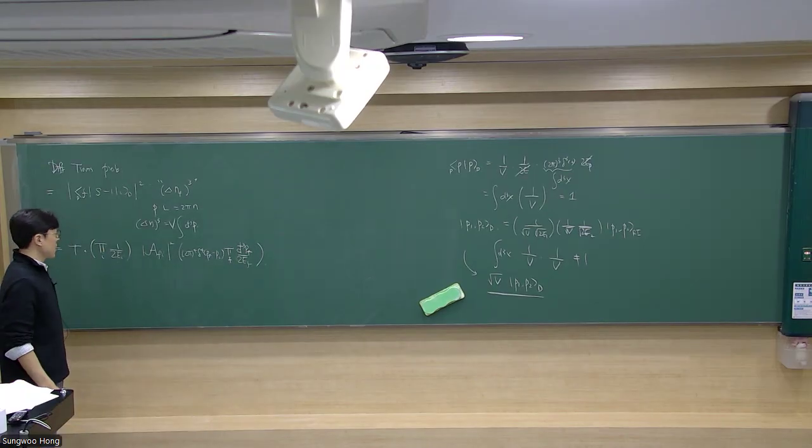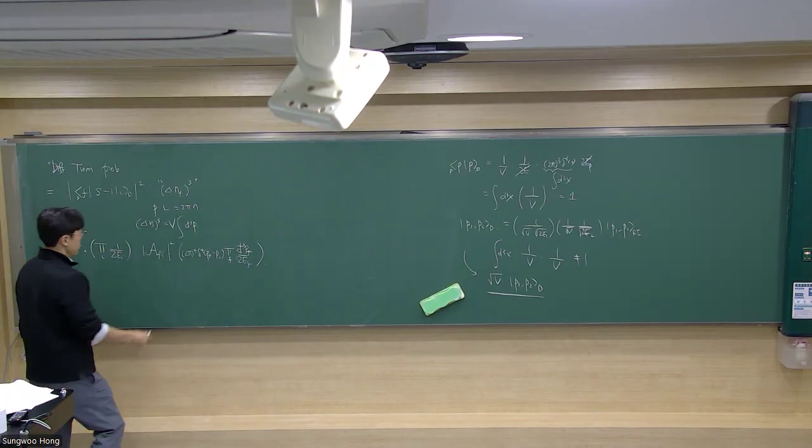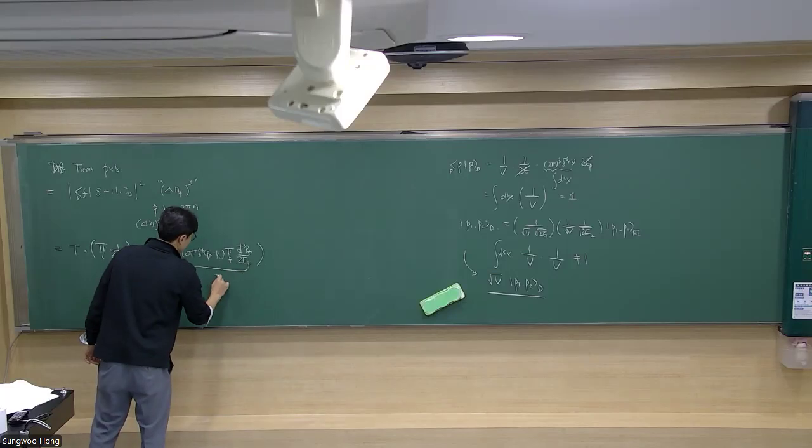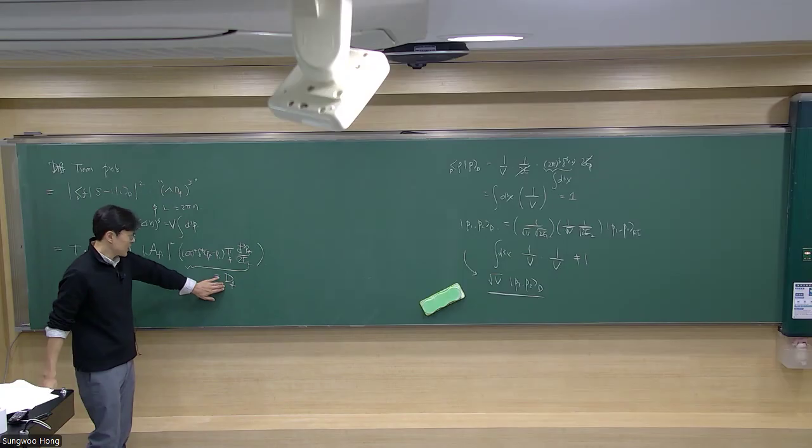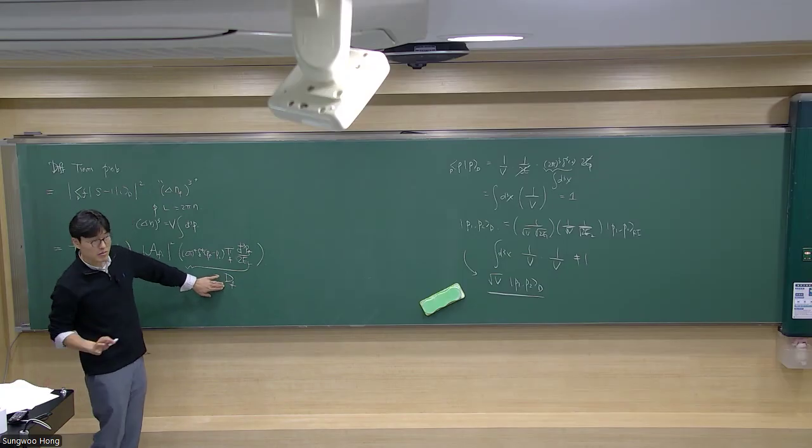So that was the final answer we arrived at. And then I just define this to be dPhi of f. So this is the relativistic density of states. What is the number of states of the final state?